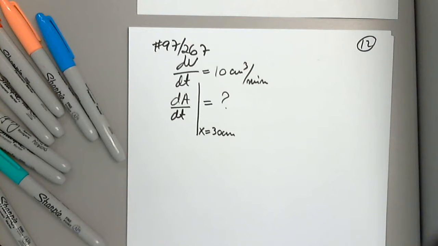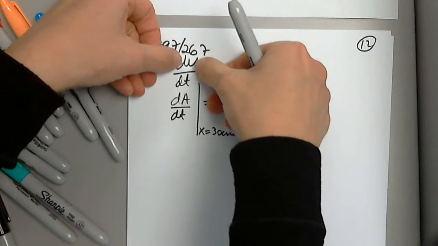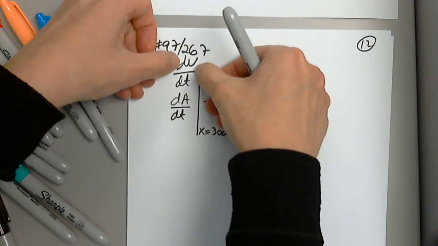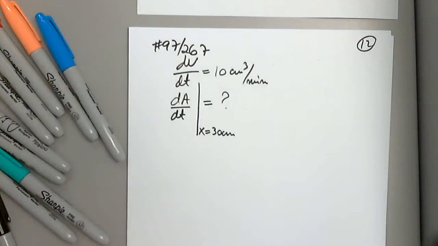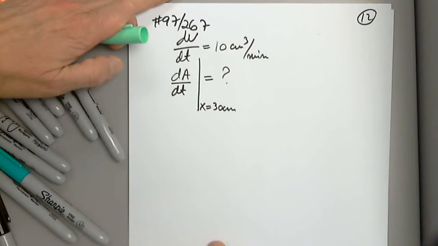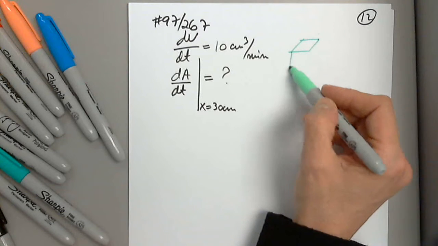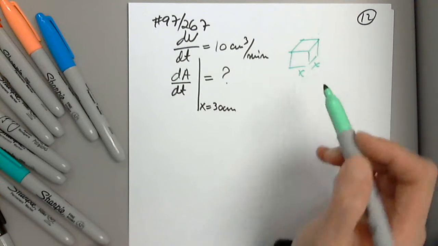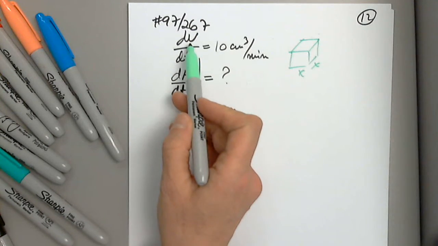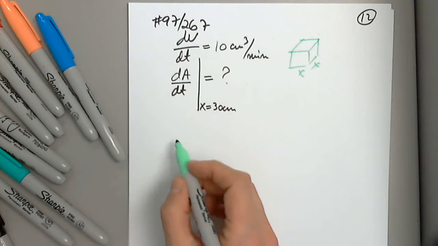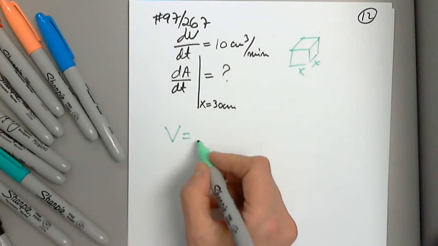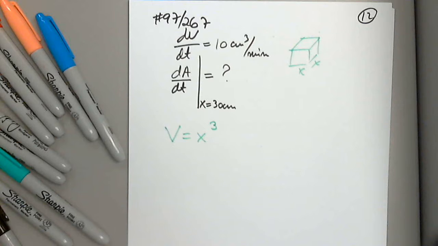Good. Where is our starting point? Remember, the next step is I'm trying to find a relationship between these two. So I start with the picture. This is the cube. I start with the volume. The volume of a cube, we just looked at it. It's x cubed.